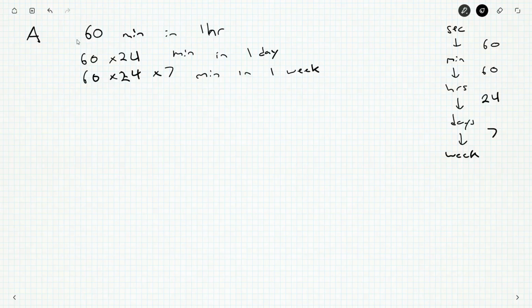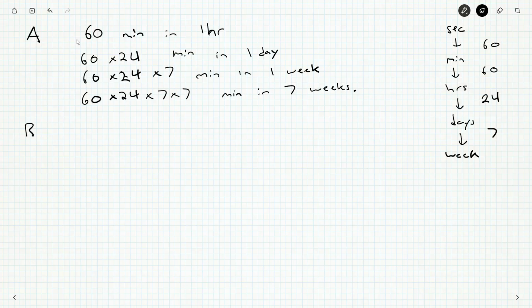And what do we want for this question? 7 weeks. So this is the number of minutes in 7 weeks. Okay. They don't usually go beyond weeks because there isn't a standard number of weeks per month. We don't have that sort of a calendar. We barely have sort of a standard number of weeks in a year. Usually you can say 52 weeks in a year.